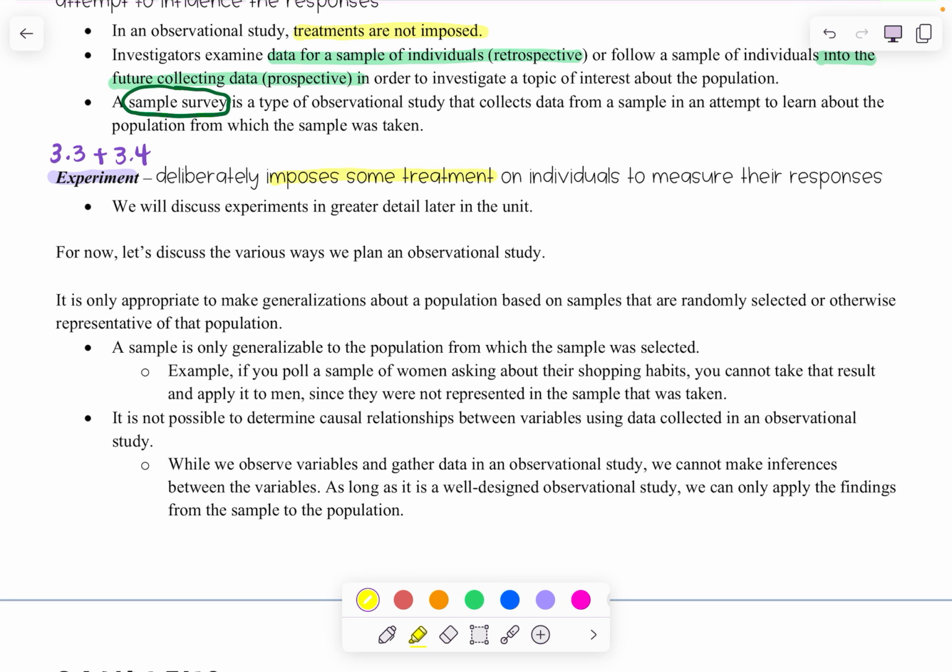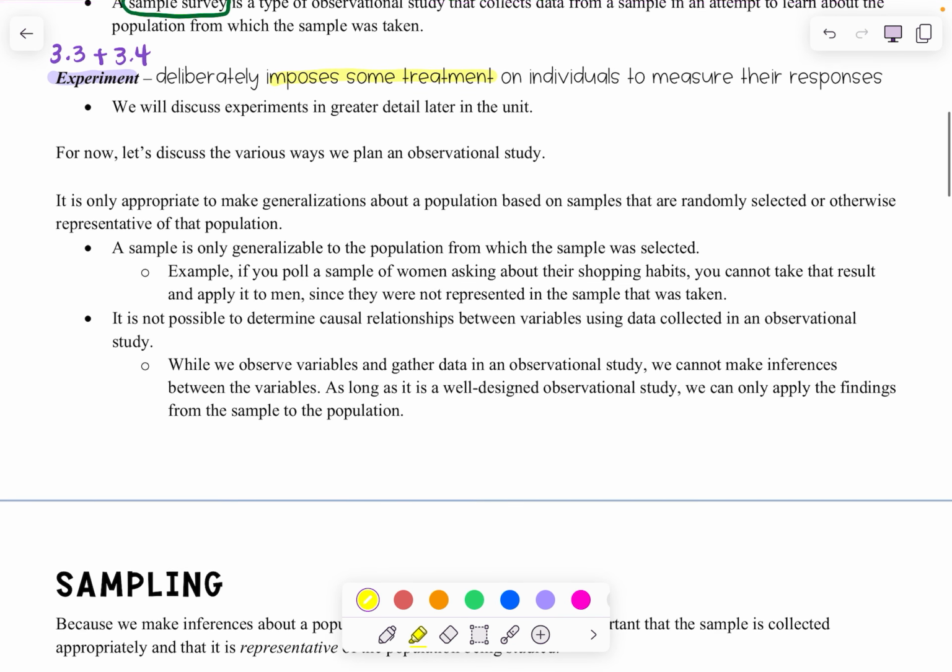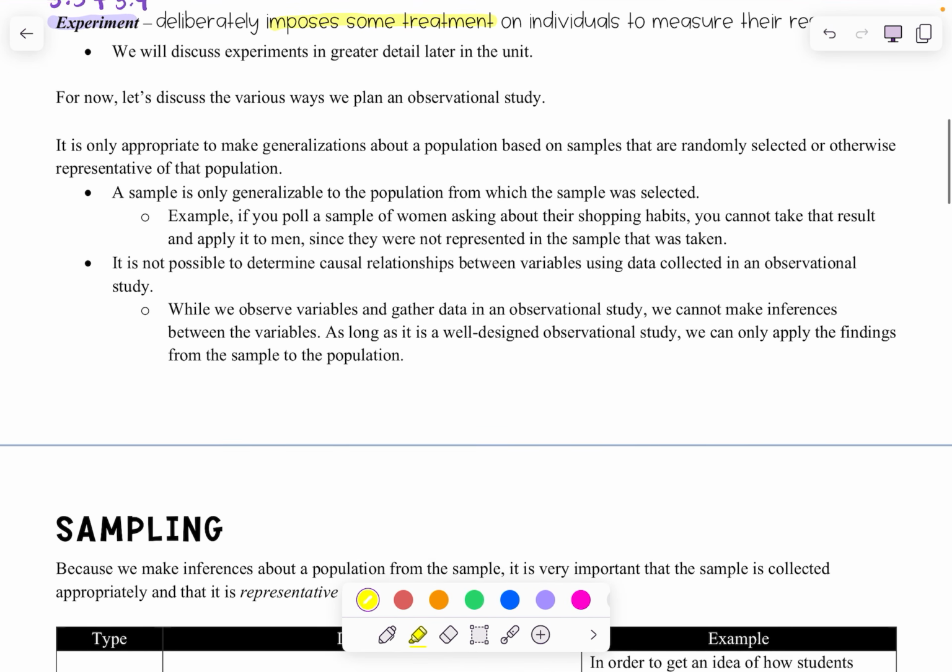The big idea for experiments is you want to have a well-designed experiment where you're able to determine cause and effect. The one takeaway from that is if you are doing an observational study, the one idea that gets hit a lot on the AP exam, observational studies cannot determine cause and effect.